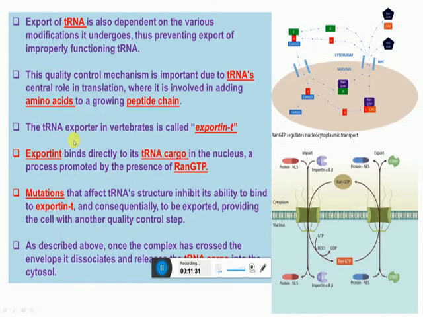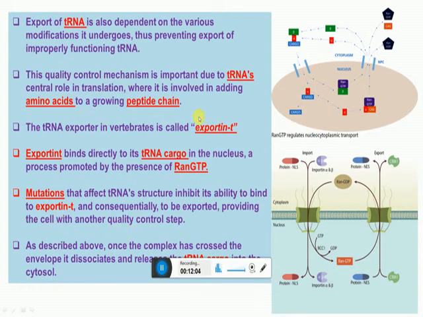The tRNA exporter in vertebrates is called exportin T. Exportin T binds directly to the tRNA cargo in the nucleus, a process promoted by the presence of RAN GTP. Same thing, only it binds directly to the tRNA cargo. Mutations that affect the tRNA structure inhibit its ability to bind to exportin T and consequently to be exported, providing the cell with another quality control step.